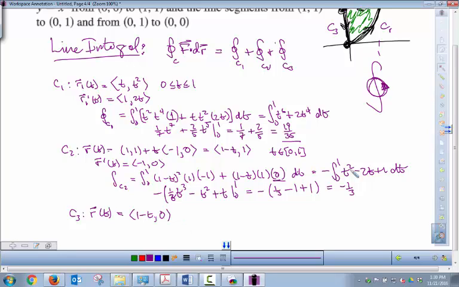Okay, so I'm kind of doing this part quickly, where you have to parameterize a line segment. You're going from one point to the other. You guys need to know how to do that. And there's a formula in the book that shows you how to do that. It's like the starting point plus the end point minus the starting point times t, or something like that. It's really important that you should be able to parameterize that.